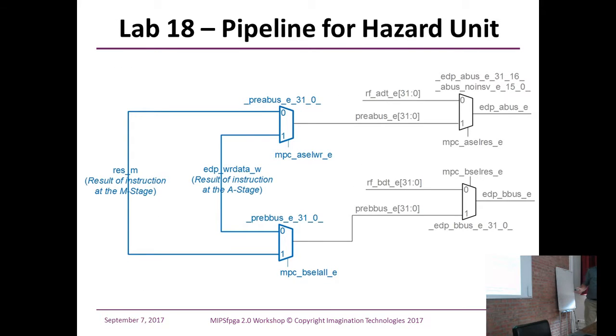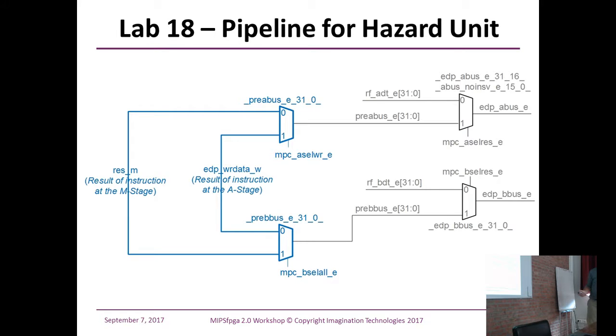And they are forwarded through these multiplexers. So this path, or this path, this is the first value, the first operand, and this is the second one. These paths are taken when a dependency or a hazard is detected. So these two signals are one when a hazard is detected between the instruction currently at the E stage and a previous instruction.